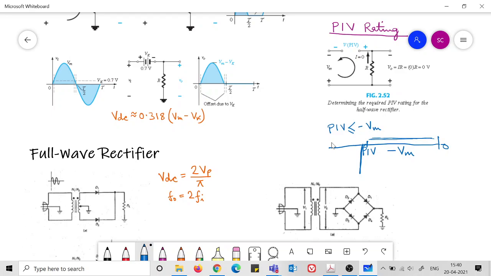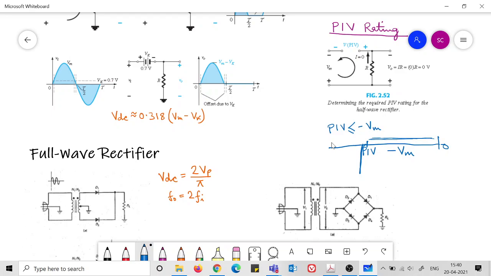It is there in the data sheet which comes along with the diode, but you will be asked to solve a numerical problem. There you will not be provided the data sheet. You will be asked to find out the PIV. So what should be the PIV so that your diode will be able to operate in this circuit? You should simply write that we should select a diode with PIV less than or equal to minus Vm.